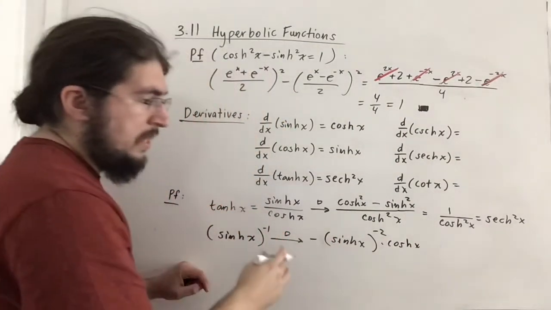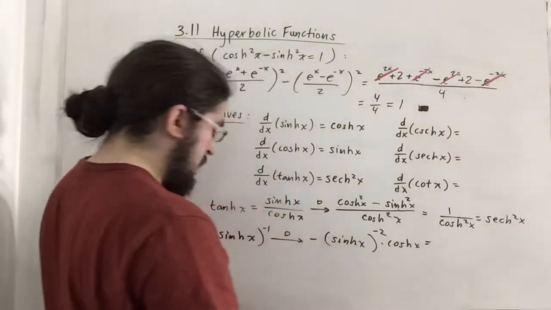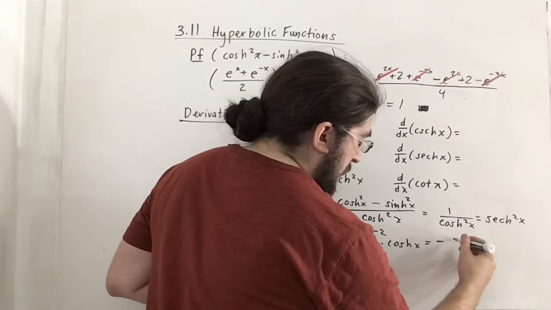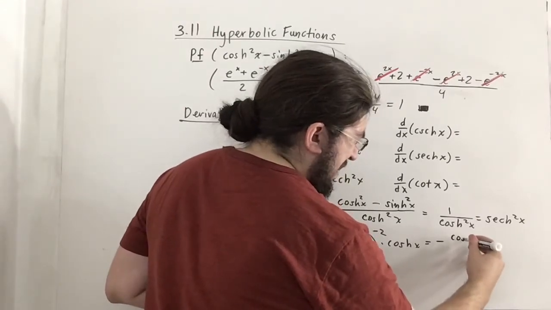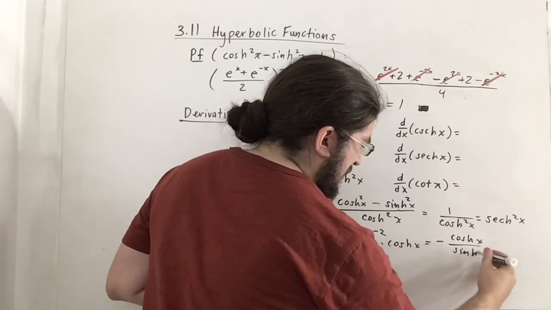So we can actually write this as cosh over sinh squared. And it's negative though. So it's negative cosh over sinh squared.